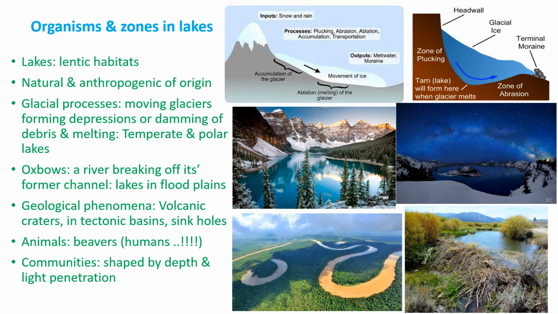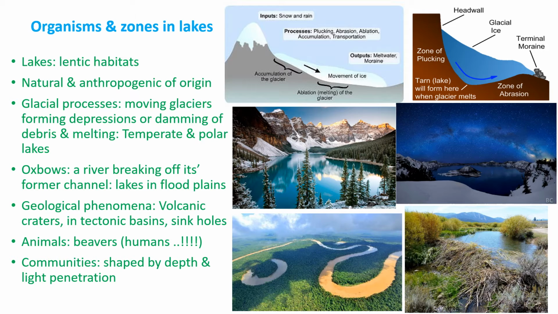So communities in these lentic habitats are influenced by the depth of water, right? Certain lakes are shallow. Certain oxbow lakes, for example, could be extremely shallow. Glacial lakes are known to be quite deep, for example. So variation of the depth influences light penetration, okay?